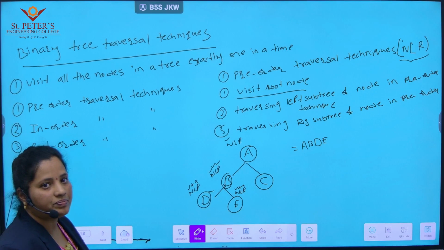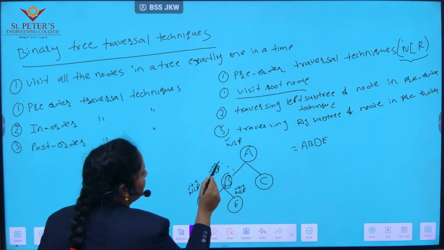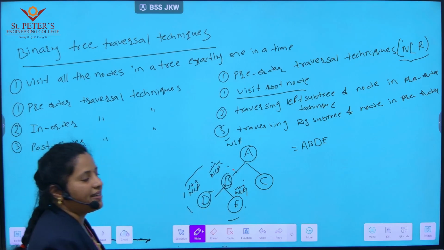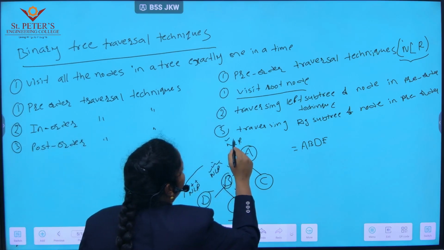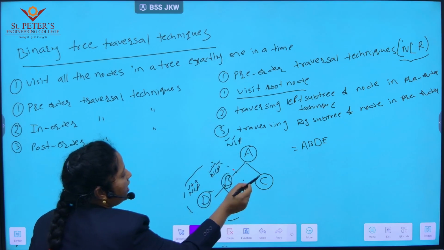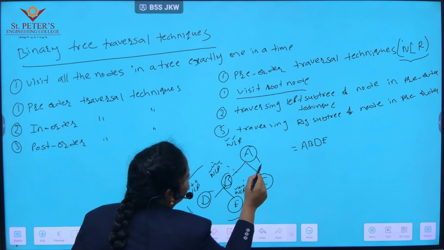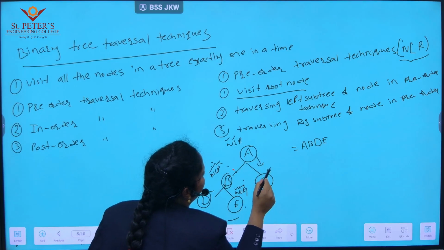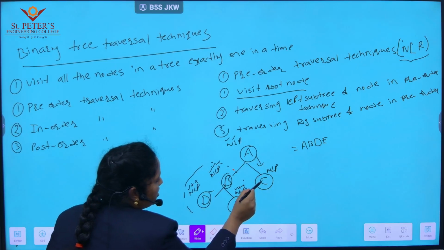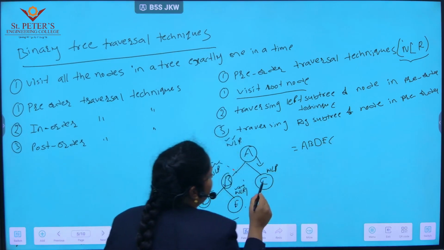Okay. And this complete left part of A is completed. Next, is any R there for A? Yes, R is there. Come to the right part. Again you have to apply NLR technique. So node is there? Yes, node is there. C. L is there?